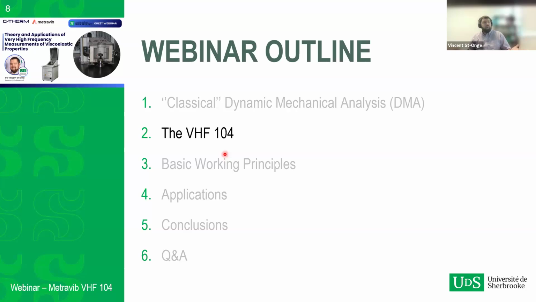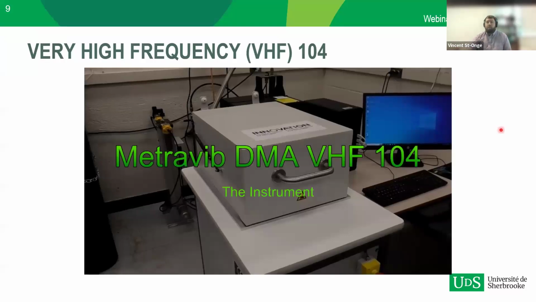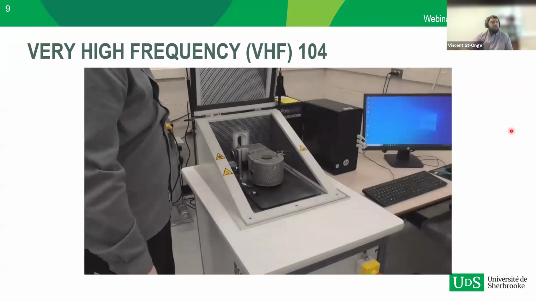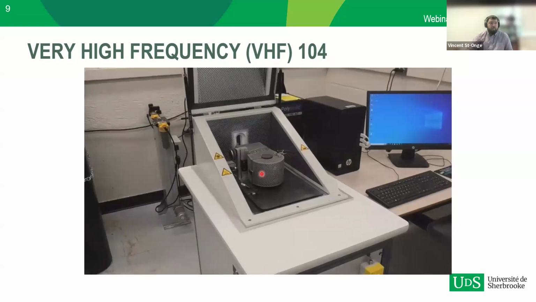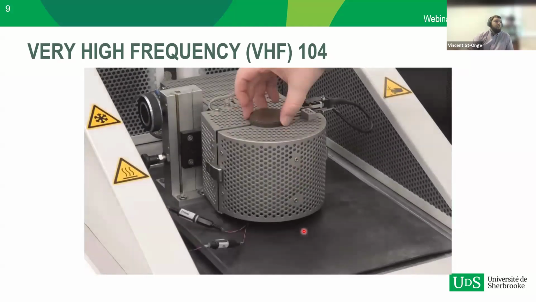Just to compare quickly the VHF 10.4 with the classical DMA instruments, I'm going to assume that most of the people attending the webinar have never seen the VHF 10.4, so I took the liberty of taking a quick video of the instrument we have here at the University of Sherbrooke. When you open it, you get this little oven in the vibration damping chamber.